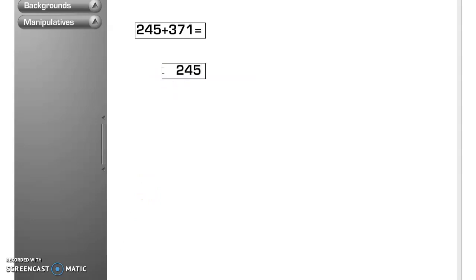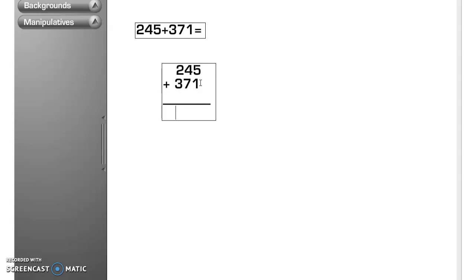So I'm going to have 245 and I'm going to add 371. When I do this, I can see the place values better. So now I'm going to add the ones.